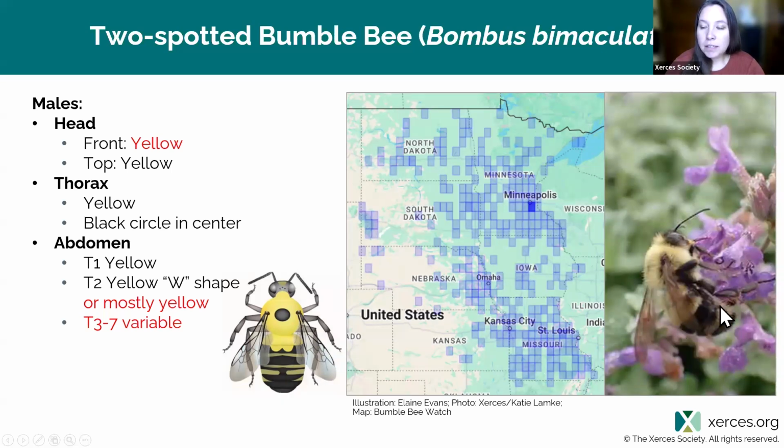So you will often see some yellow on T4 and 5. Usually T3 will be mostly black, but you'll see some sort of zebra striping on the rest of their abdomen. But two-spotted bumblebee males can be a little bit tricky to identify sometimes.